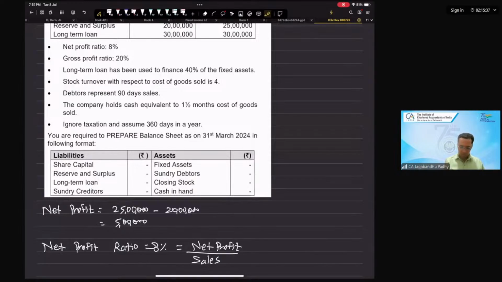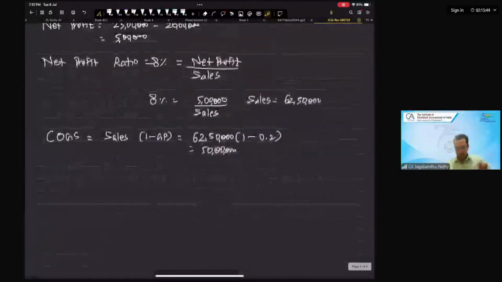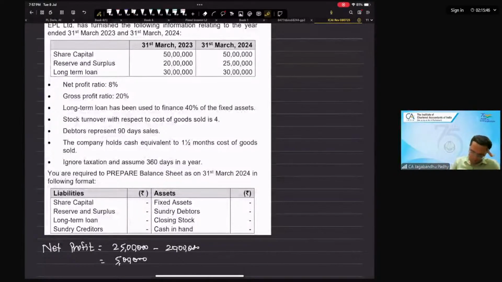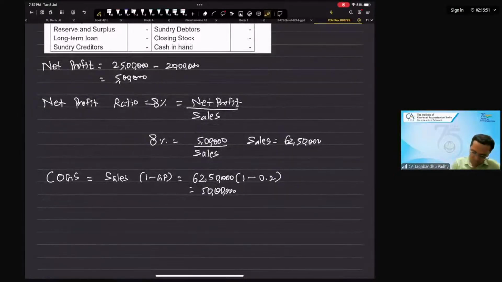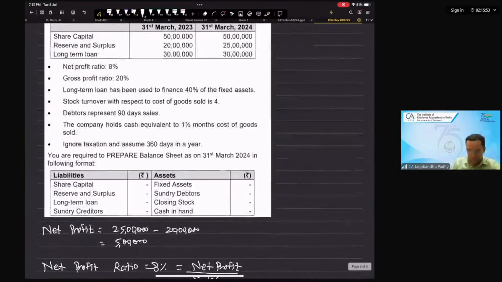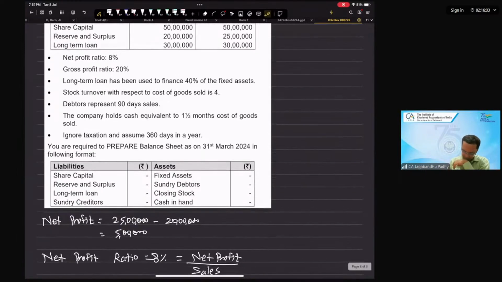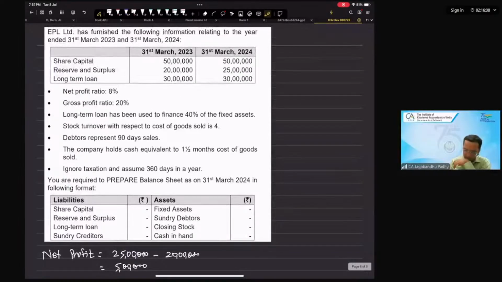Now we can use COGS to talk of stock turnover. Stock turnover with respect to COGS is 4, so we can get the stock value now. The stock is obviously the closing stock, because we don't have the opening figure. For stock turnover we need the average stock, but we don't have information of opening and closing inventory.